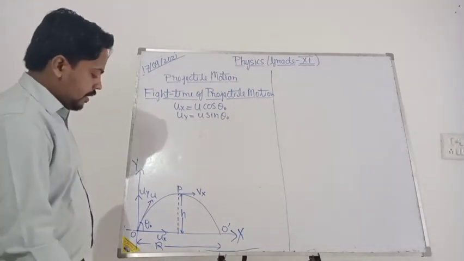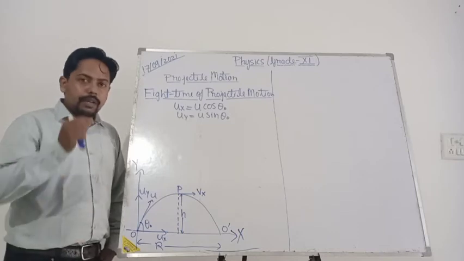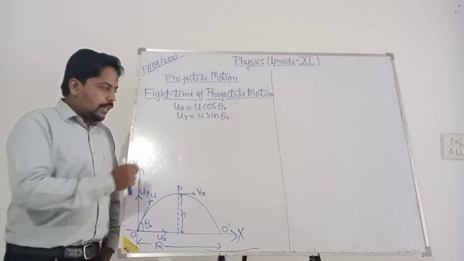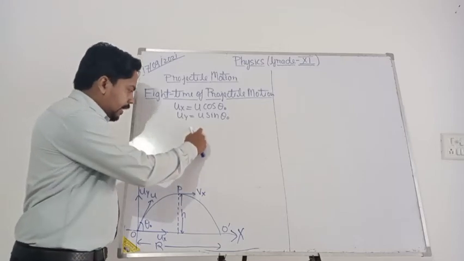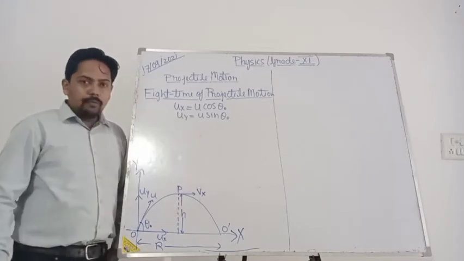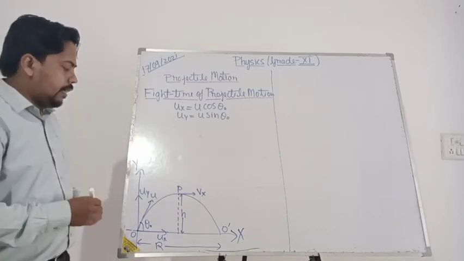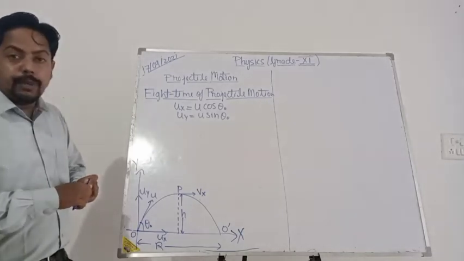But here, which is very important, in place of a we will replace a with minus g, and let us see what value comes.